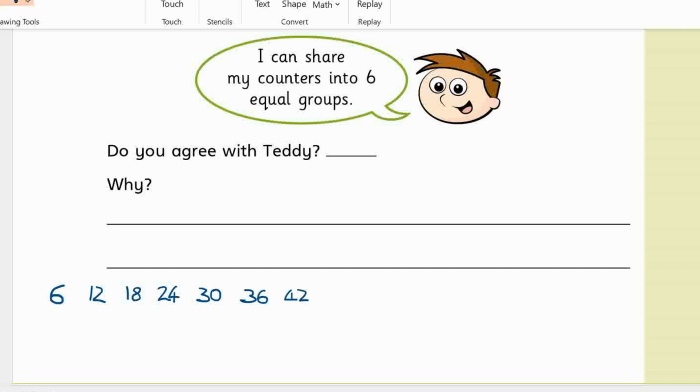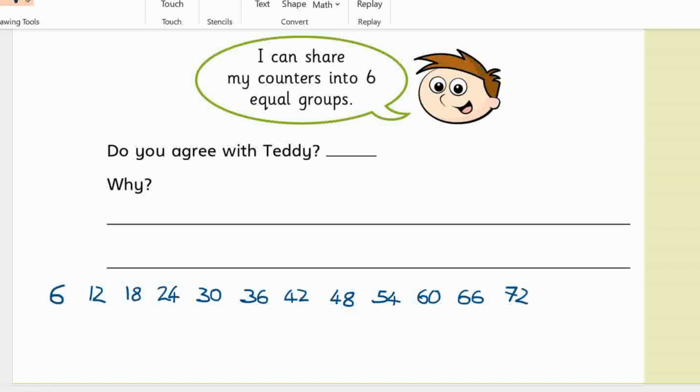Good. And then 8 times 6? 9 times 6? Yeah, good. Remember, you're just adding 6 to the last number. 10 times 6? 11 times 6? Good. And 12 times 6?